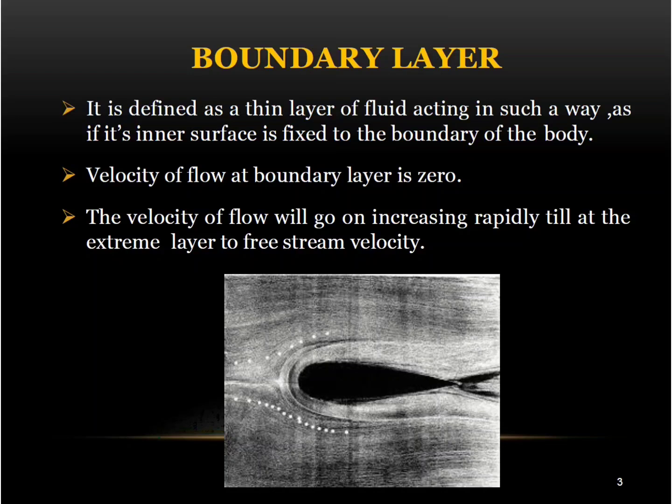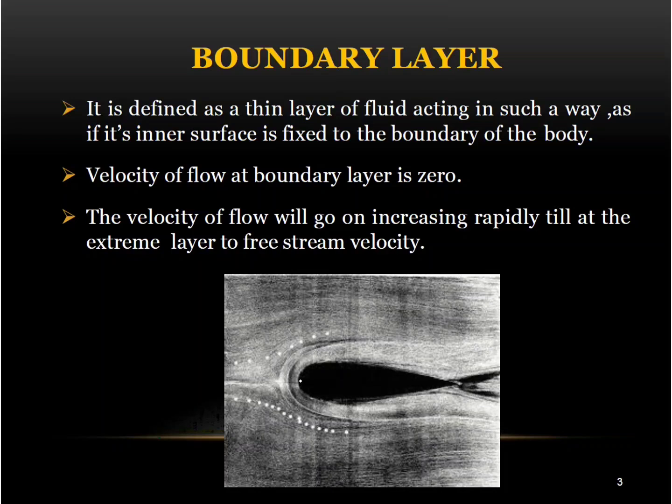Moving on to the definition for boundary layer. Boundary layer is the layer of fluid which is accumulated or formed around the surface of a body. Here surface means the surface of a body.